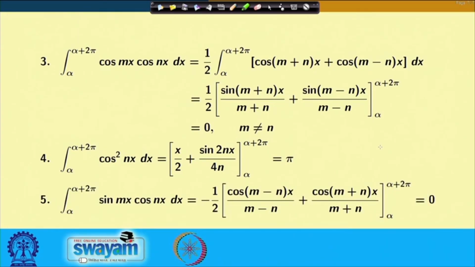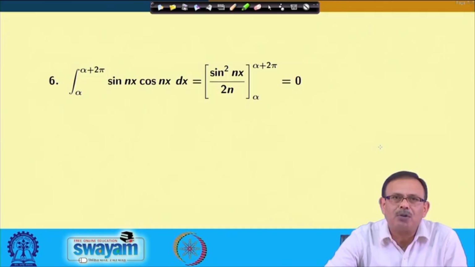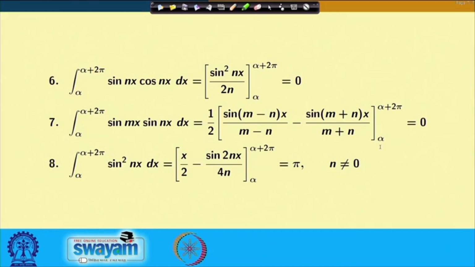The integral of sin mx cos nx dx is equal to 0 whenever m is not equal to n. The integral of sin nx cos nx dx is equal to 0. Number 7, the integral of sin mx sin nx dx equals 0 when m is not equal to n.